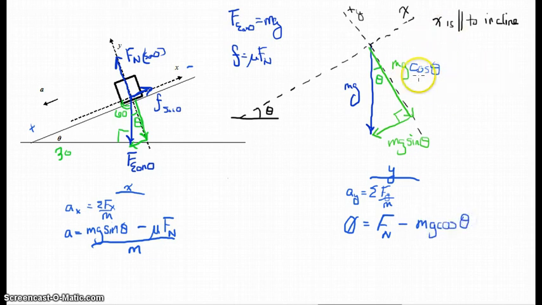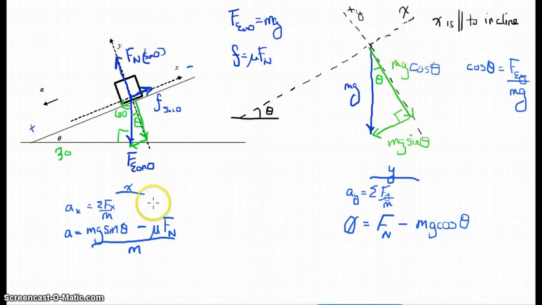Now, remember that cosine theta would equal the force of the earth in the y direction divided by mg. So if you multiply through by mg, you get mg cosine theta. I'm not quite sure where the green writing disappeared to, but it disappeared at some point in time.